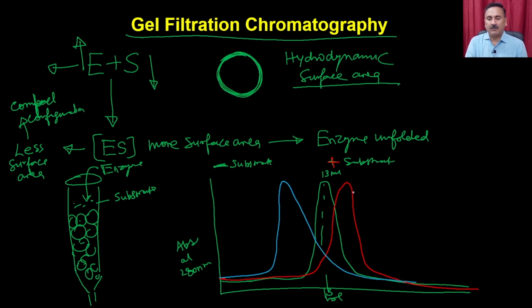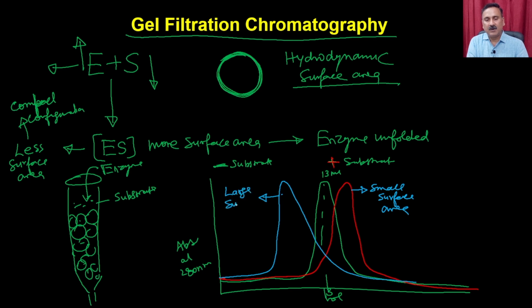Now the red curve, what you see, this is the enzyme without substrate, and this is with the substrate when it is moving more towards this, right? So this is a small surface area, and this is a large surface area.